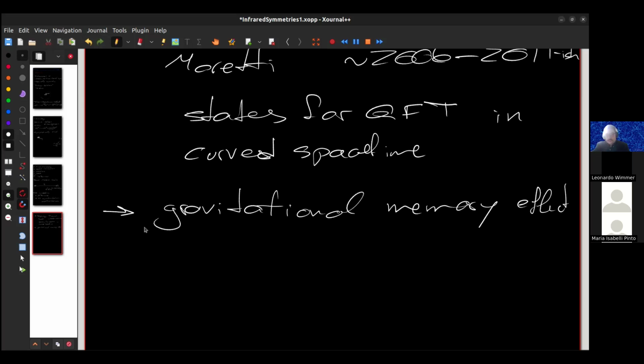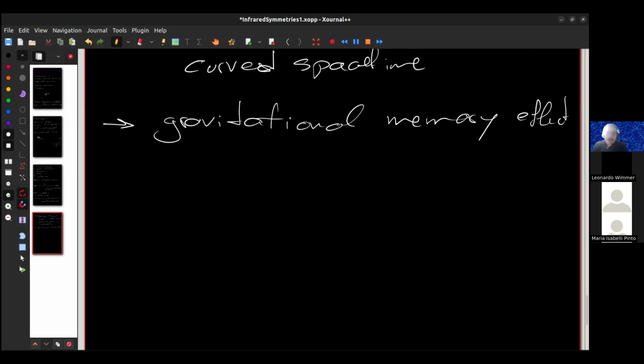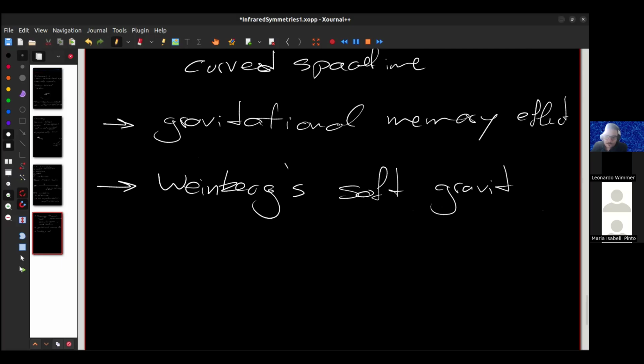So you have this gravitational memory effect. You have other ideas, such as in quantum field theory, Weinberg's soft graviton theorem, which is a theorem in quantum field theory relating scattering of different particles, and it connects the scattering properties of different particles in a very specific way.